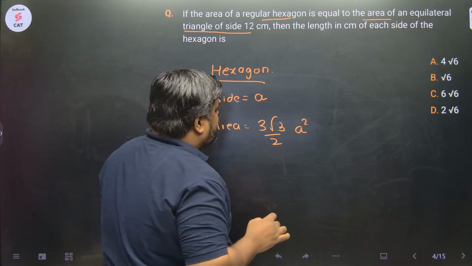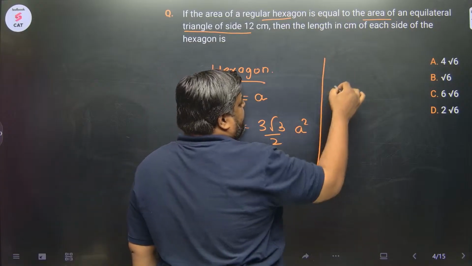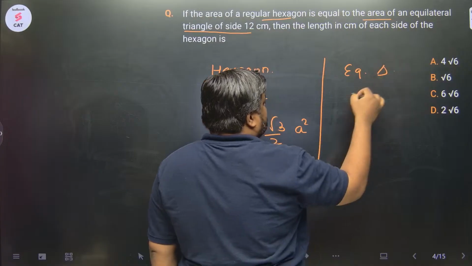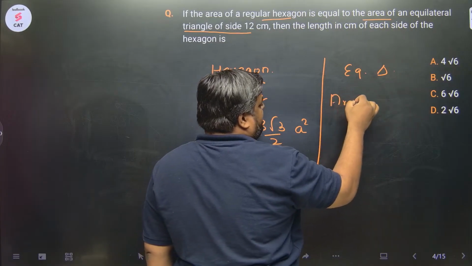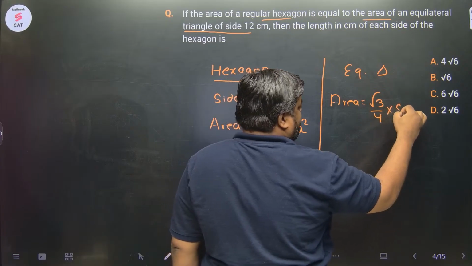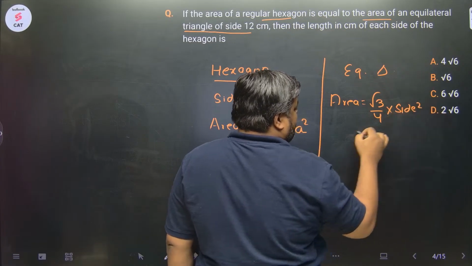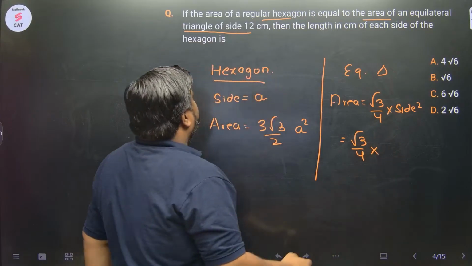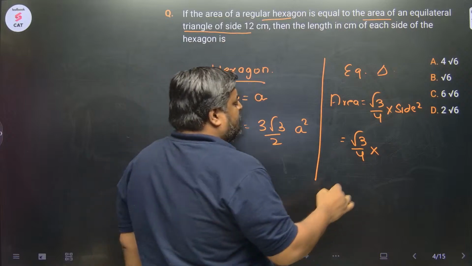That is the area of the hexagon. And for an equilateral triangle, what is the area of an equilateral triangle? Root 3 by 4 into side square. The side is given, so root 3 by 4 into 12 square.